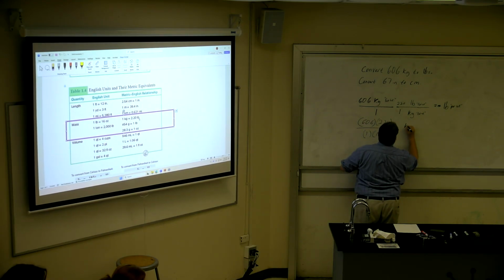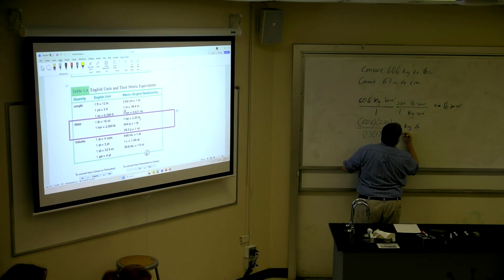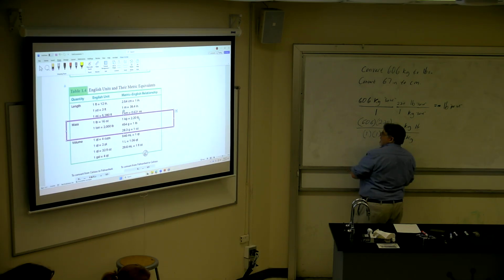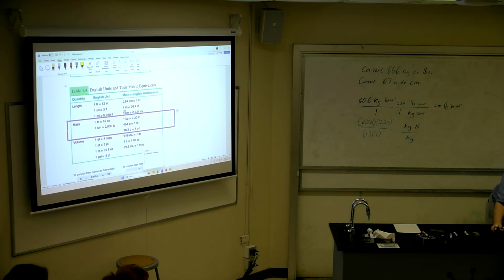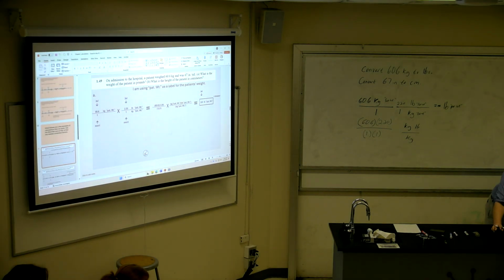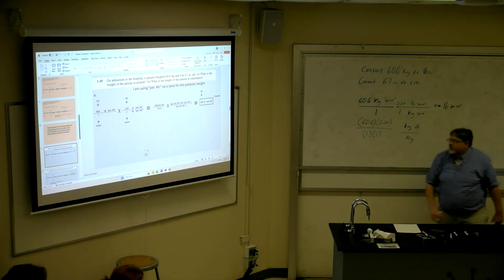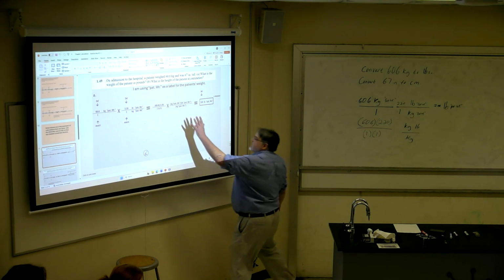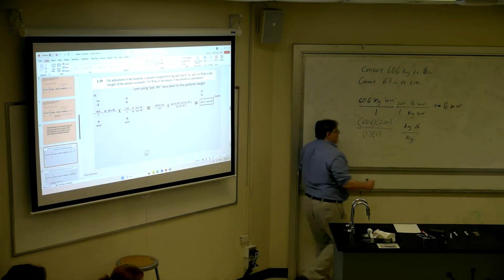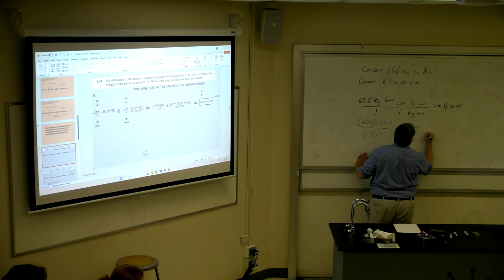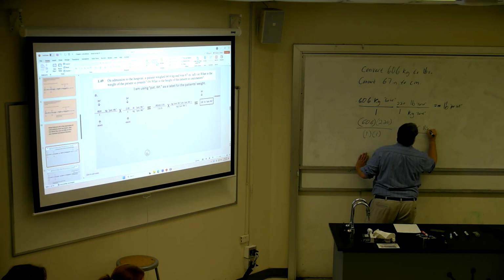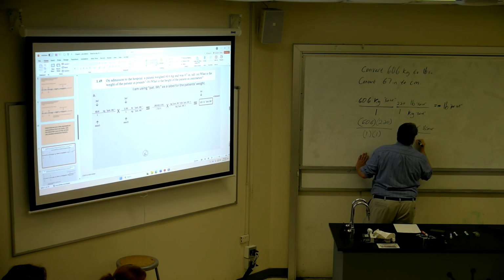So I've got the numerical values together, and then I get the units. And that's kind of what I do here. Oh, I should have the labels. Should have brought the labels. Patient's weight.